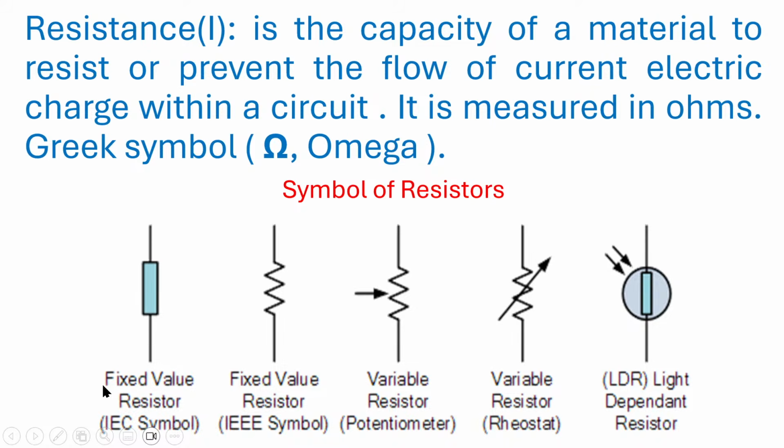And these are different symbols for resistors. We have the fixed resistors; this one is the IEC symbol and this one is the IEEE symbol. We have the variable resistors, usually referred to with this symbol, also referred to as the rheostat, and we have the light dependent resistors, also referred to as an LDR.